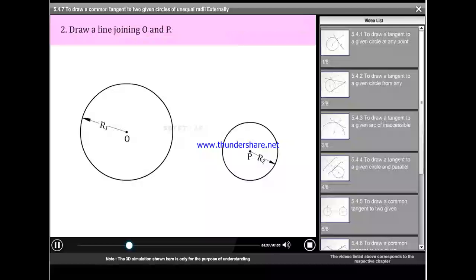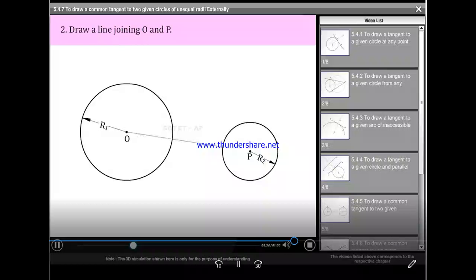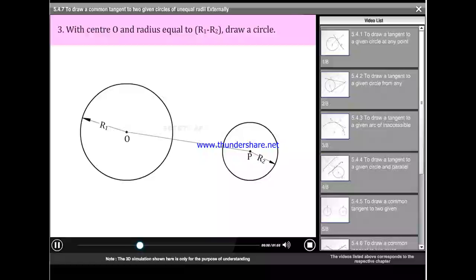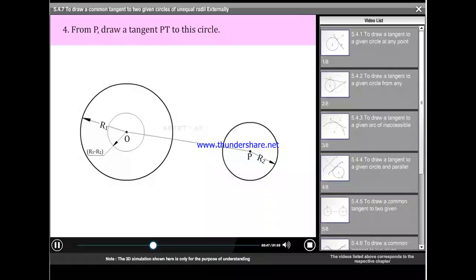Draw a line joining O and P. With center O and radius equal to R1 minus R2, draw a circle. From P, draw a tangent PT to the circle.